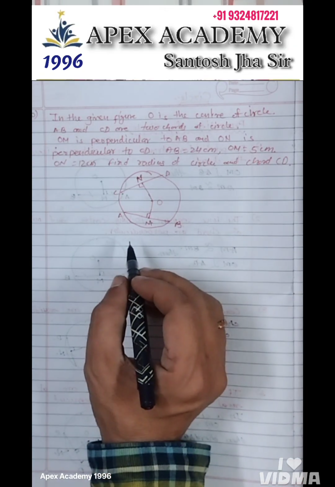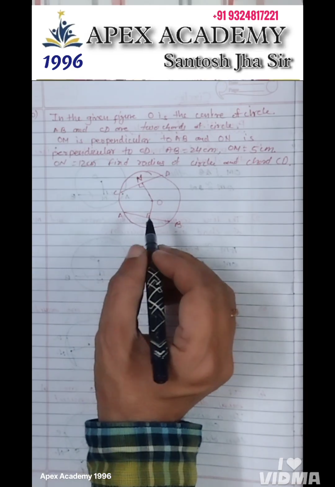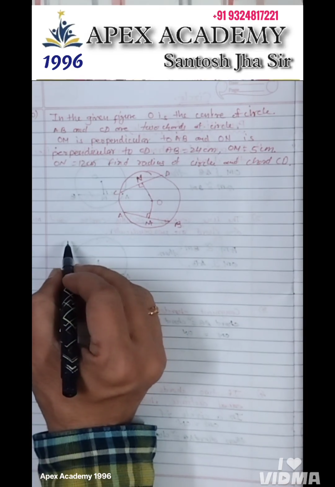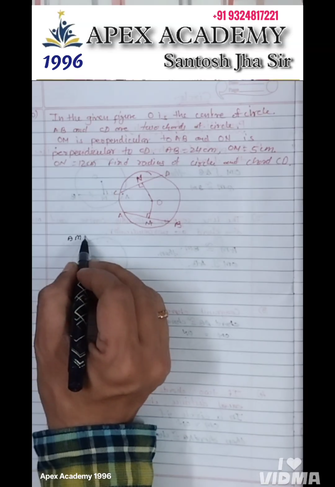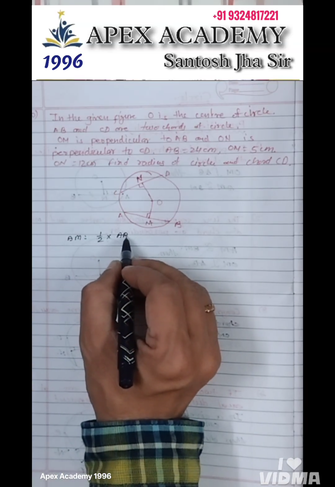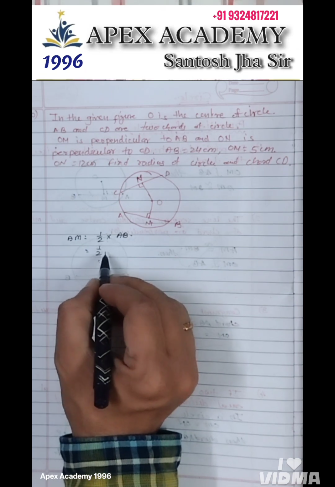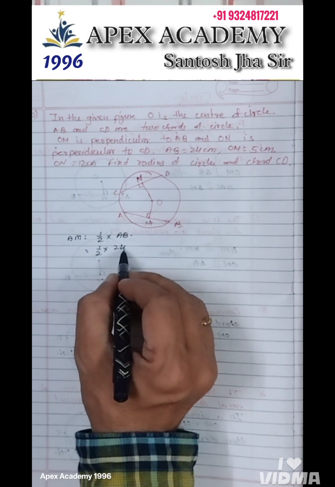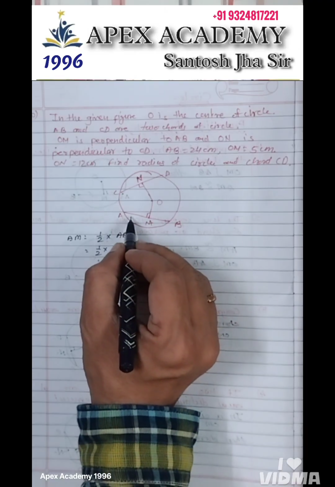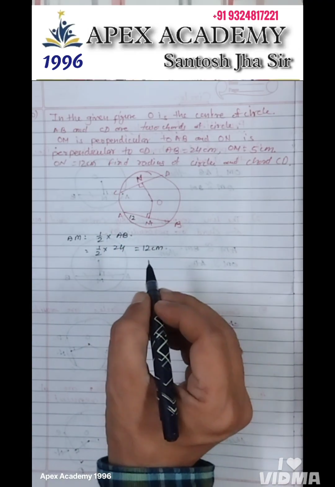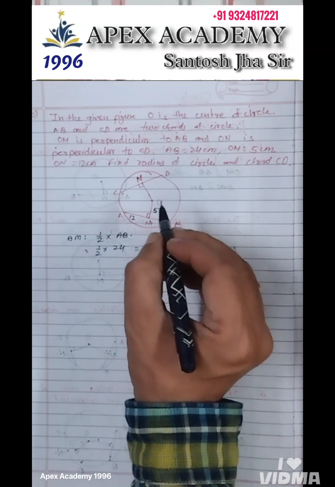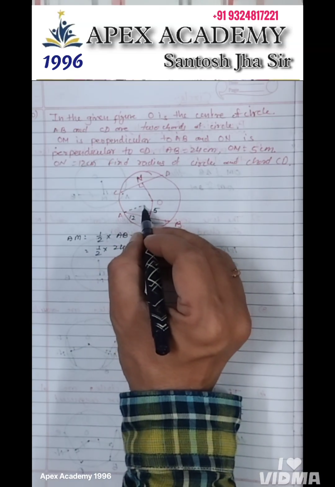So see, as per what is given, the chord AB is 24 centimeter, we can find AM. So AM is half of AB, which is half of 24, that is 12 centimeter. So AM we got 12. OM is already given 5. So we can join AO.